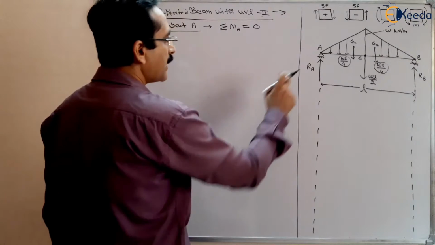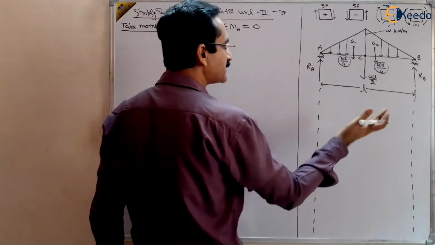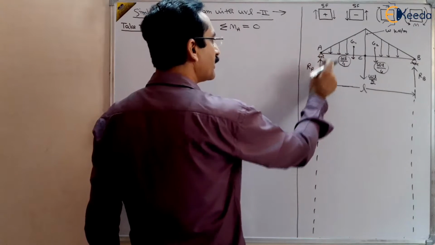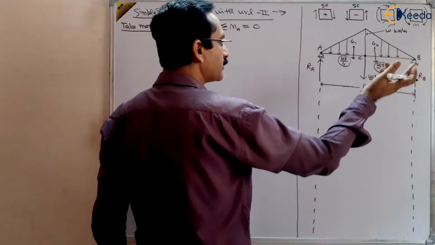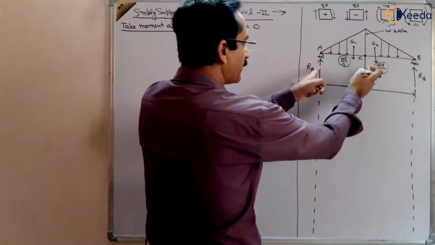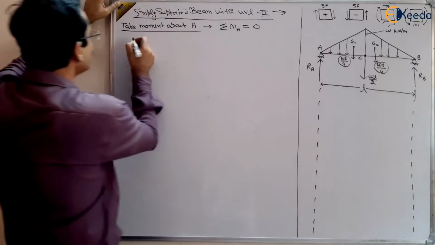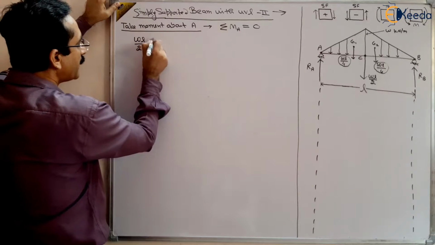The moment of RA about A will be equal to 0 because it passes through A itself, so there is no perpendicular distance between A and RA. Moment of WL by 2: let us take clockwise positive and anti-clockwise negative. WL by 2 multiplied by the distance L by 2 gives WL by 2 multiplied by L by 2.